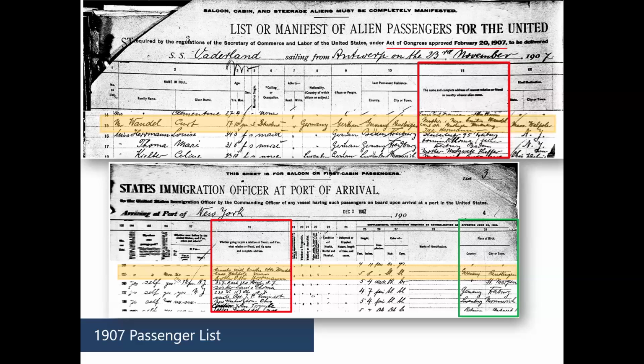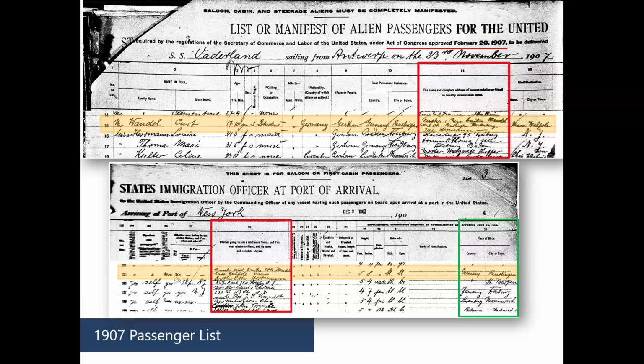However, in this 1907 passenger list, column 11 was asking, who in the old country have you left behind? And then on the second page, in the subsequent column 18, it is asking, who are you going to in the United States?